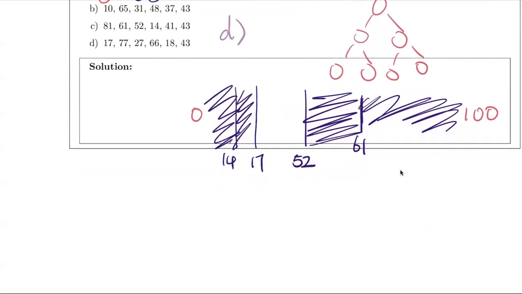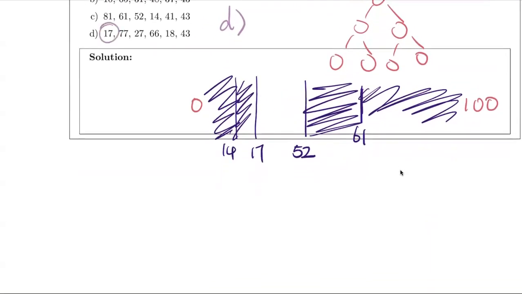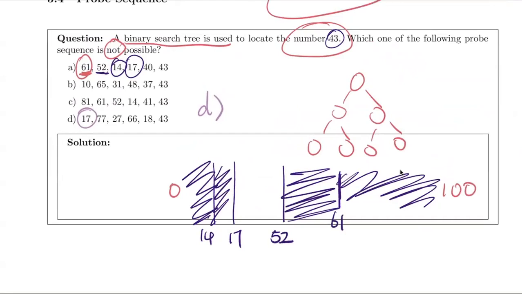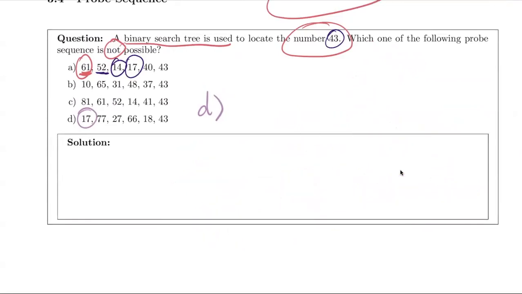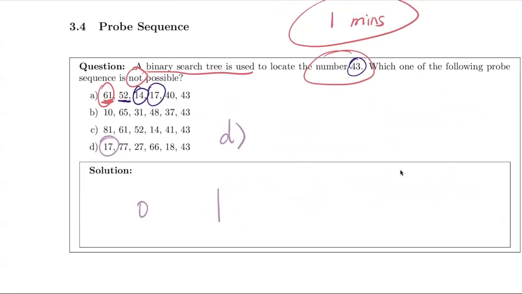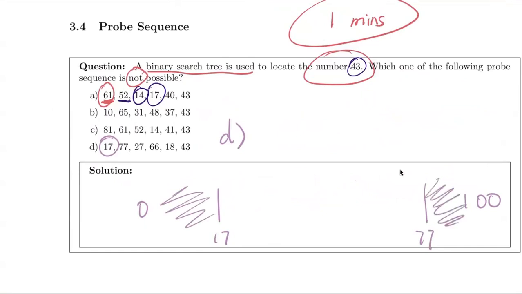For example, 17: because the target is 43, I'm assuming that everything I look at after is larger than 17, because here's 0 and here's 100. I discard 17, and then I go to 77. 77 is larger than 43, so I discard the right-hand side.